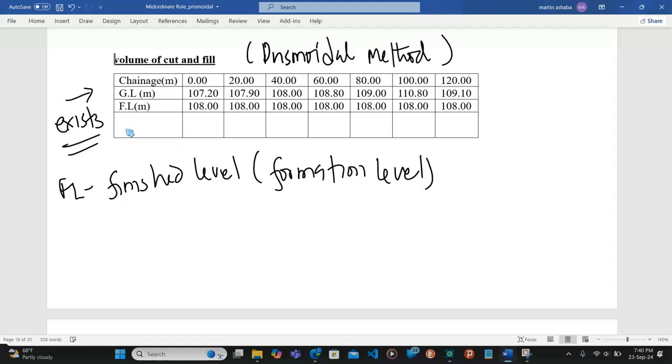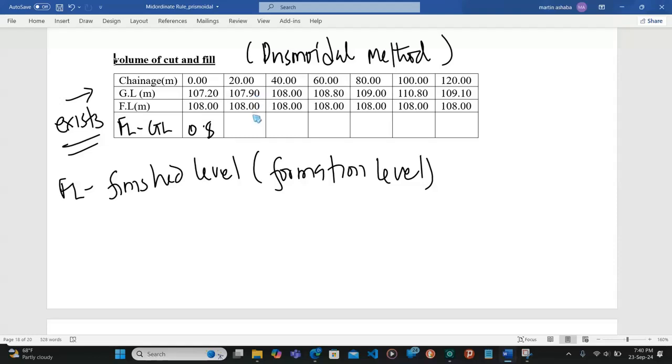Now, to get the difference or the depth that we are interested in, we shall do the formation level minus ground level. And what is going to be the difference here? If I do the subtraction here, this is 0.8.